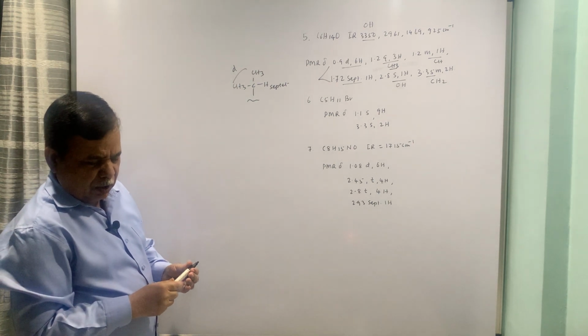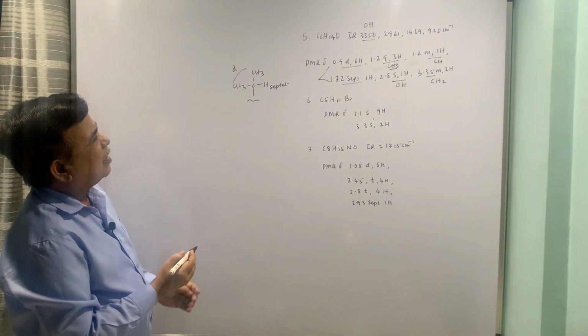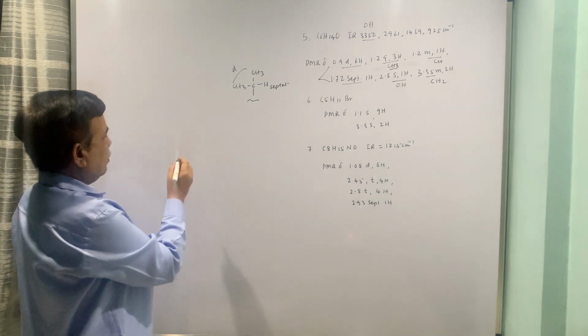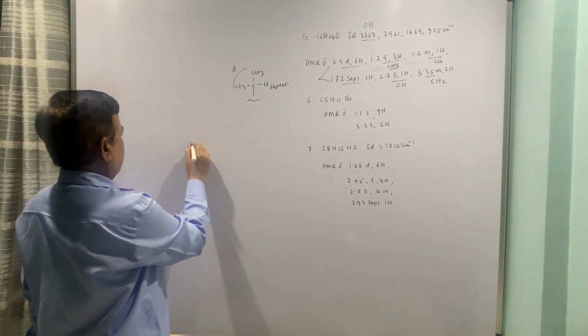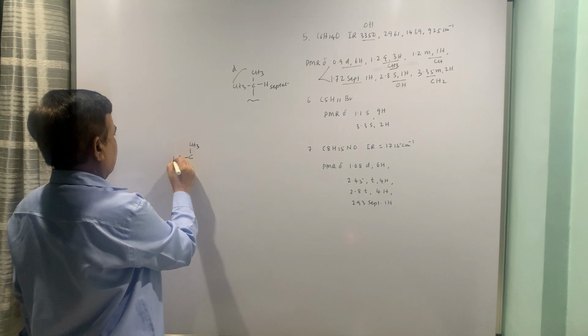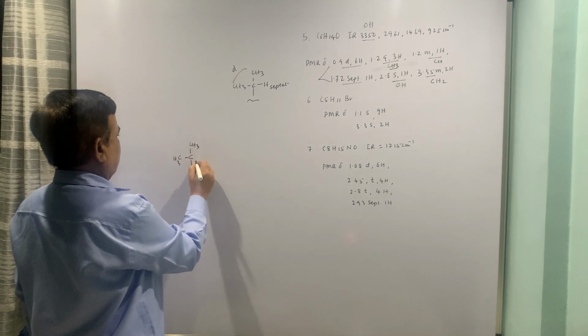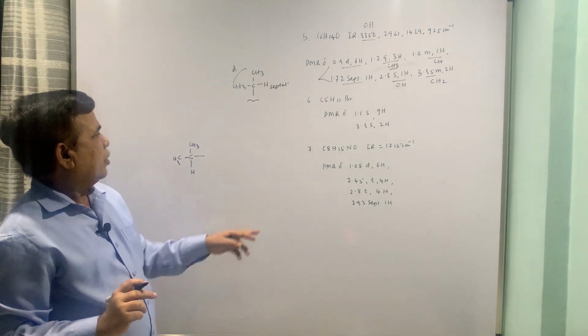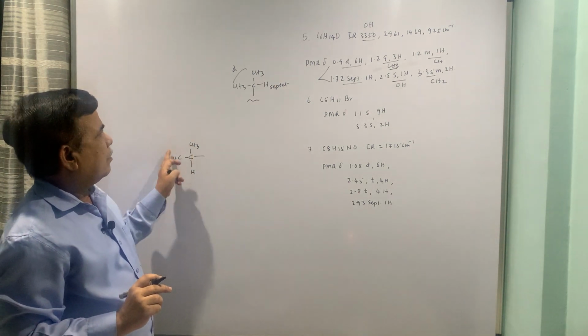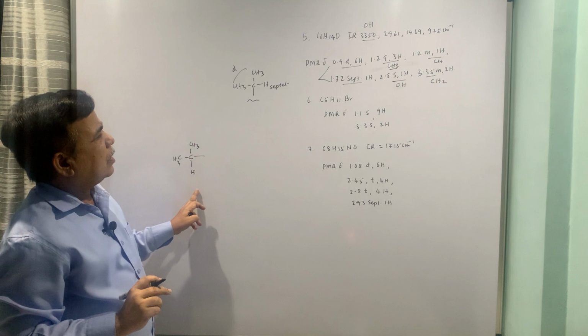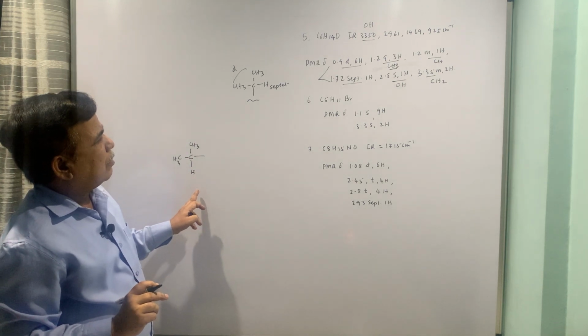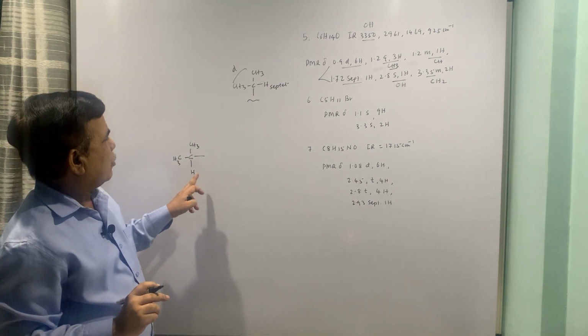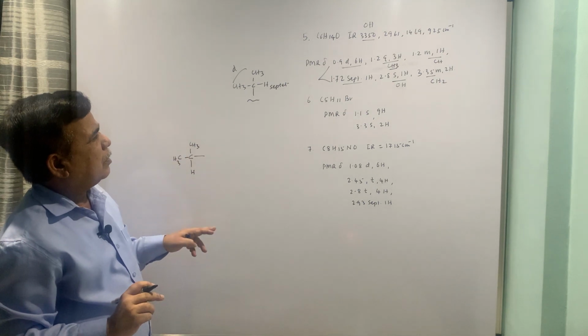The overall structure, we have to put this isopropyl group there, so it will take care of the two things, 0.9 delta doublet for 6 hydrogen and 1.72 septet for 1 hydrogen. So this part is over.